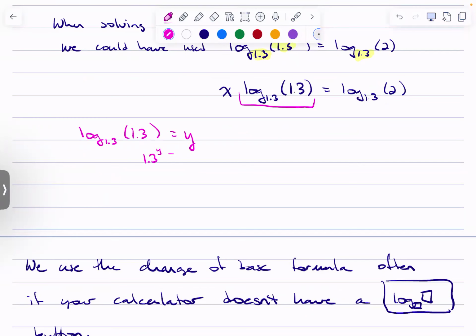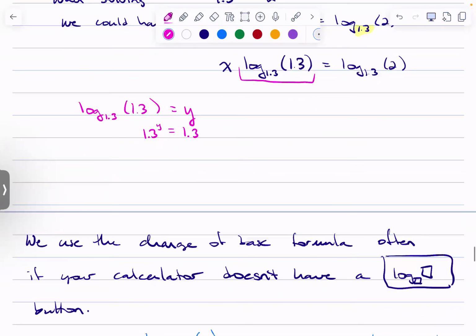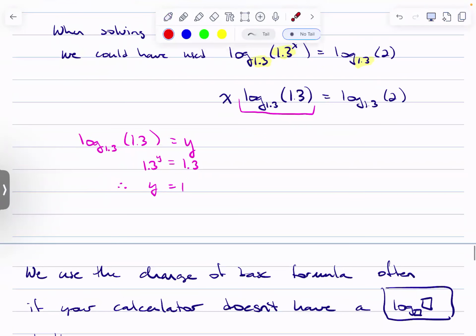Therefore, Y is 1. That's always going to be the case. If you have the log base B of B, it's going to just dissolve to 1. And so this is equal to 1.